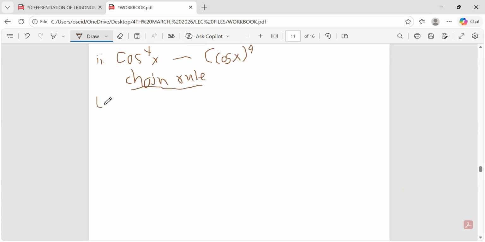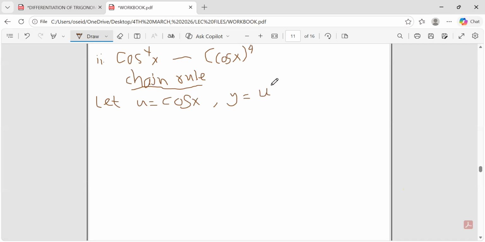So we let u equal cos x. Then we let y equal u exponent 4.